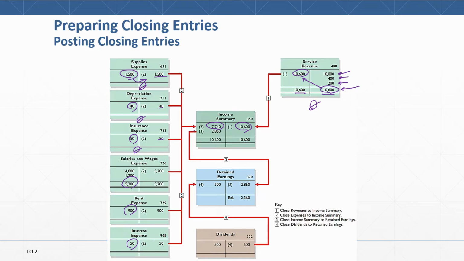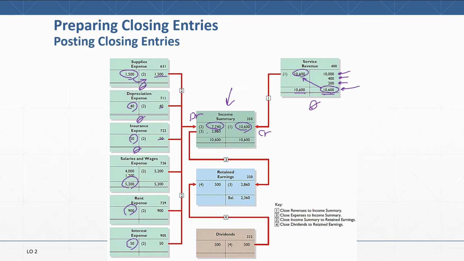Okay. The next step is to close income summary itself. To do that, we calculate the balance of the income summary. In this case, 10,600 on the right side, the credit side, and 7,740 under the debit side.